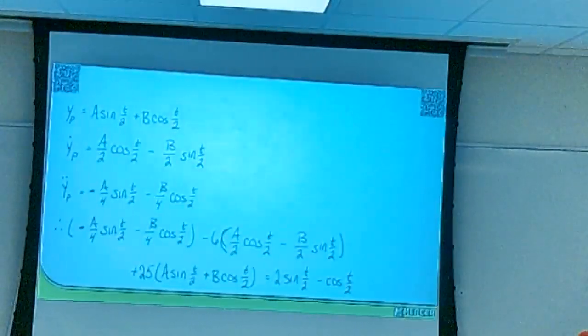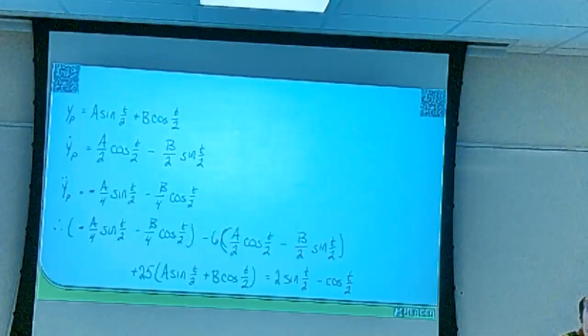For cosine, so it's 25b minus b over 4 again. So 99b over 4, and looks like negative 3a. Right?